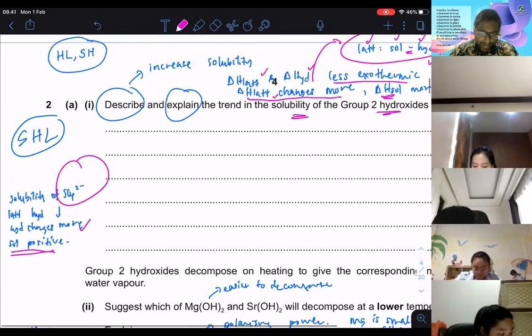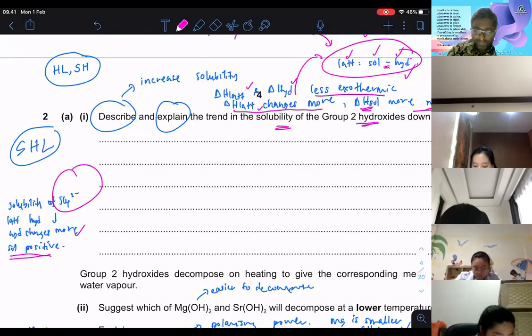So I came up with how to actually remember this. If you're talking about hydroxide, I can remember lattice changes more. If you're talking about sulfates, then I know that hydration changes more. Is there a way to make it simpler?